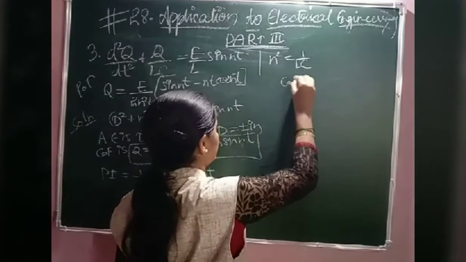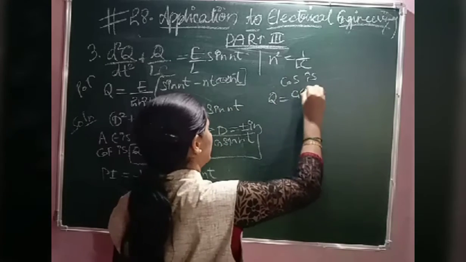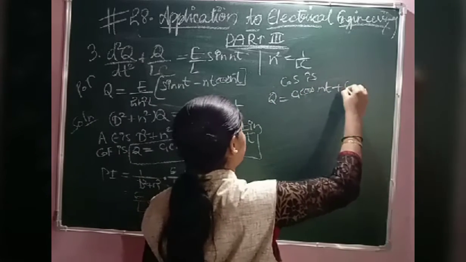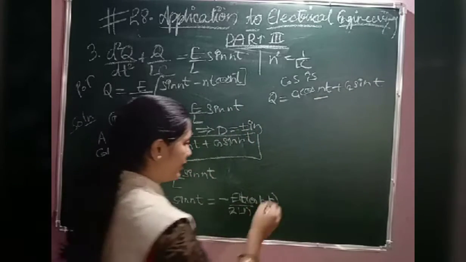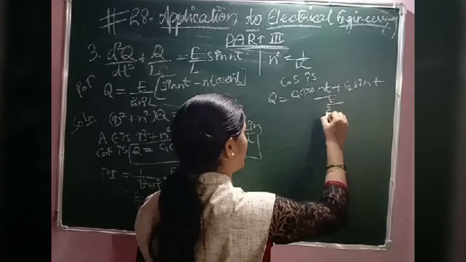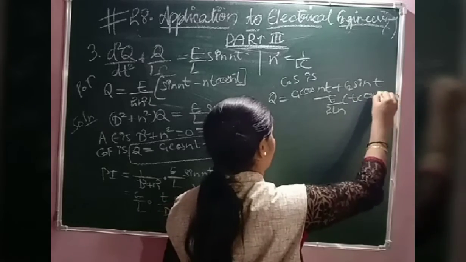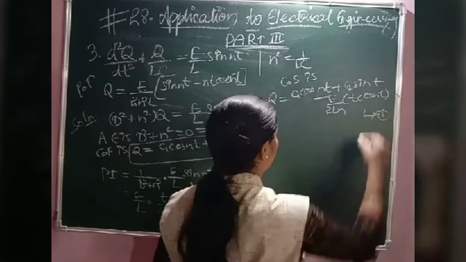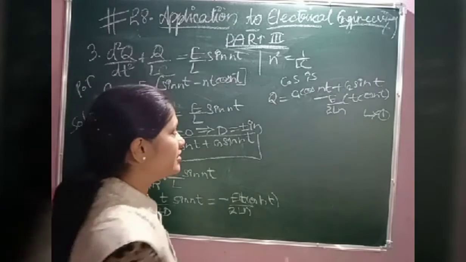The complete solution is Q equal to C1 cos Nt plus C2 sin Nt minus E by 2L N t cos Nt. This is our equation 1. Now let us differentiate this.